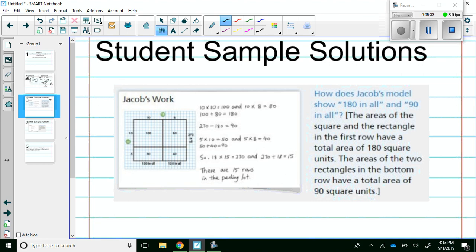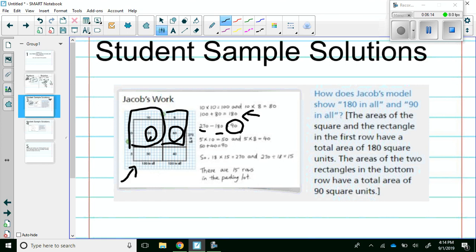The first thing he did was he took 10 times 10 to get the first total of 100 spaces. Then he took 8 times 10 to get a total of another 80 spaces. So the first part of the problem, he had 100 spaces plus 80 to equal a total of 180 spaces so far. To see how many spaces were left over, he took 270 minus 180 to get 90 spaces he still had to figure out.